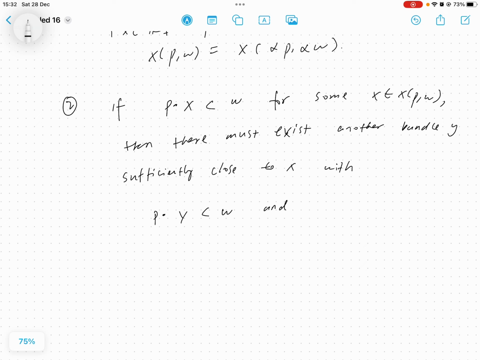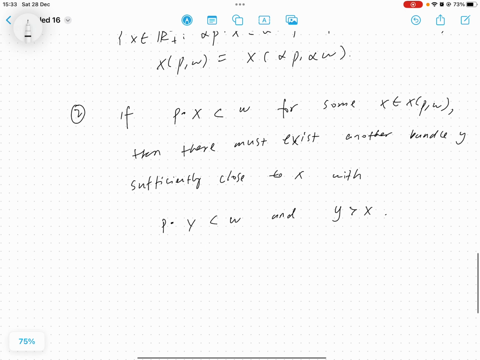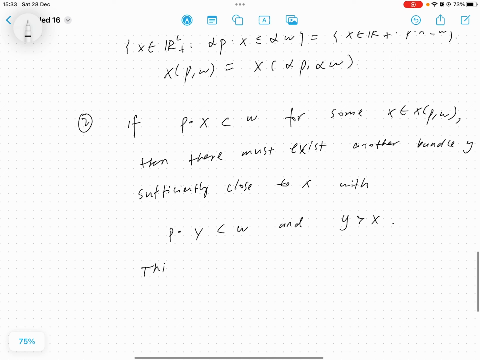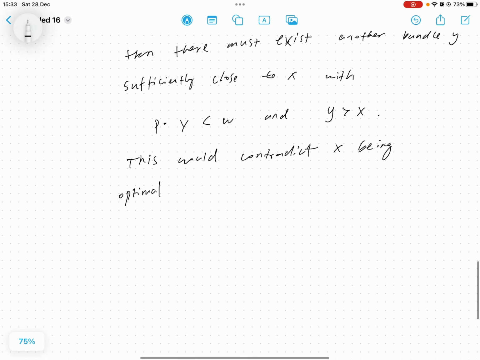And we also find that this y is strictly preferred to x. Then we can immediately observe that this will contradict x being optimal in this utility maximization problem.